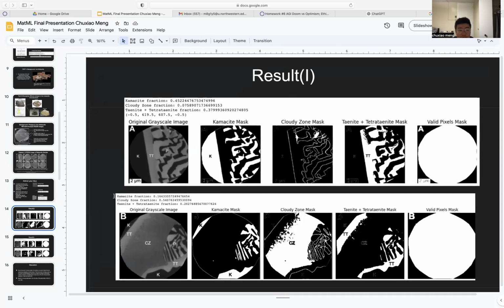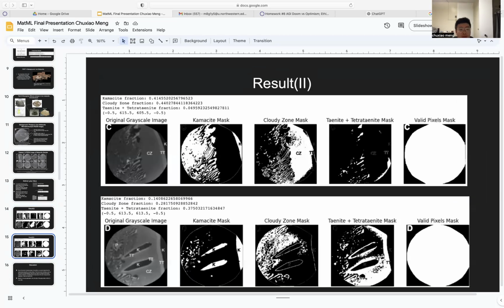For example, the kamacite fraction is 0.16, the cloudy zone is 0.54, and taenite is 0.2 for sample B. Here's a similar result for sample C and sample D. Yeah, this mask looks reasonable.